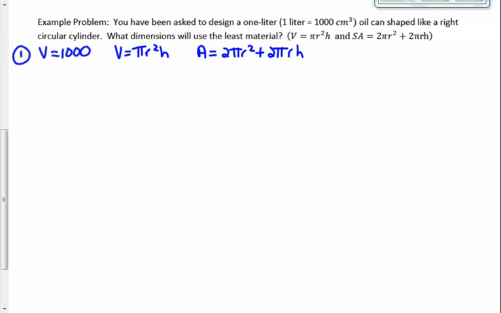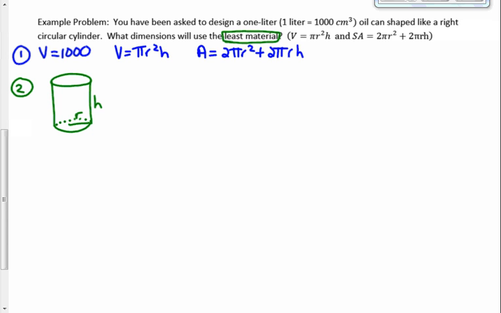Next, we need to read step 2. Develop a mathematical model of the problem. So what I have in step 2 is a right circular cylinder, and with the cylinder I have a radius and a height, and I need to let a variable represent the quantity to be maximized or minimized, and I'm minimizing the material.